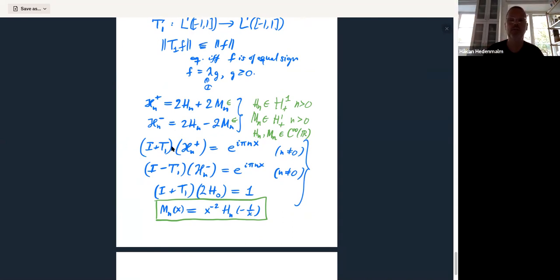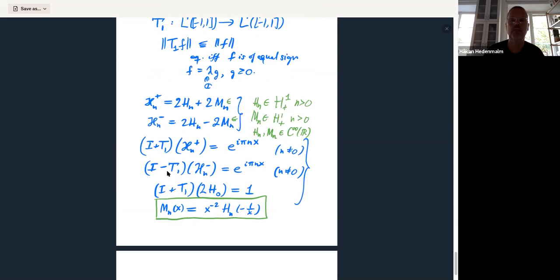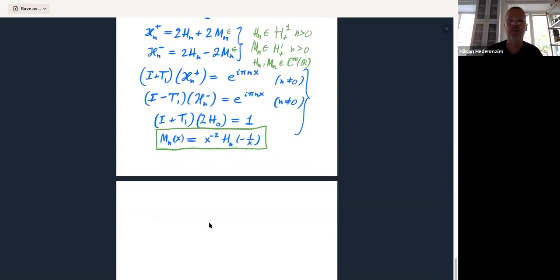So you solve these two equations, you find these Hn plus and Hn minus, and you recover these functions H sub n and M sub n. And you do it on the unit interval, but then outside, how do you do it? You do it by formulas like this, how to extend. This formula tells you if you have Hn inside, you have Mn outside, and vice versa. So it's enough to have the function on the unit interval from -1 to 1.